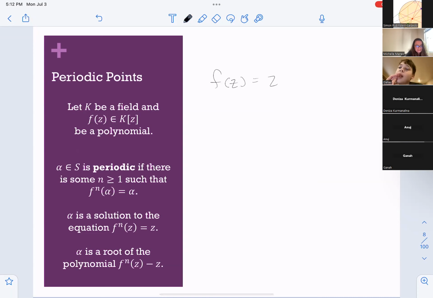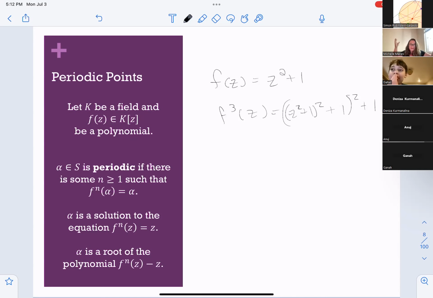If f is z squared plus 1, then the third iterate of f is z squared plus 1, and then I square that and I do plus 1, and then I square that and I do plus 1. And if I expand that whole thing out, I just get a big high degree polynomial, right? It's still a polynomial. So one way to think about periodic points is they're roots of polynomials.